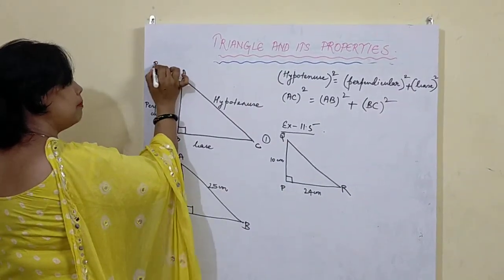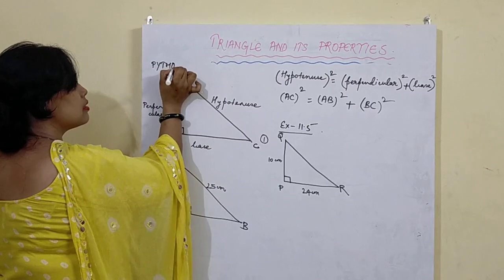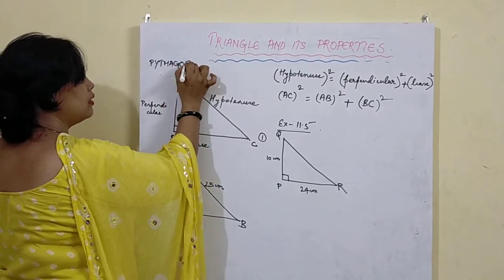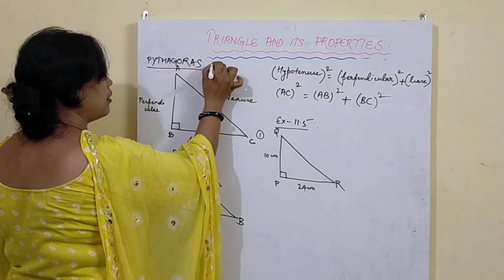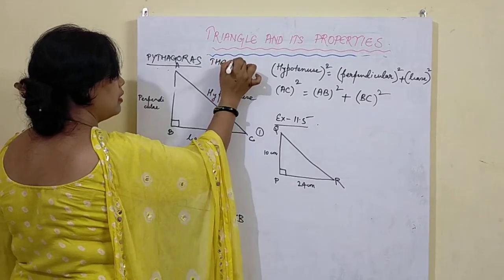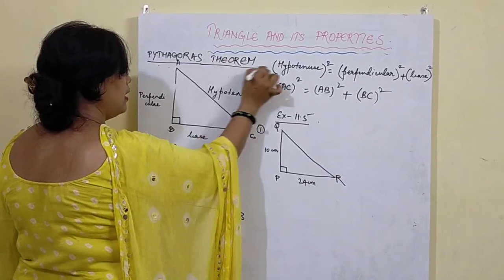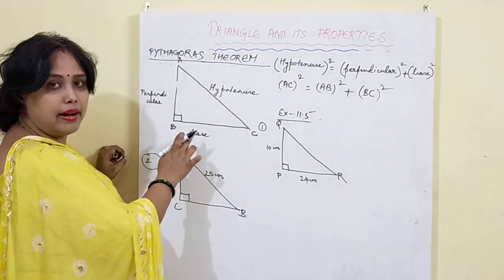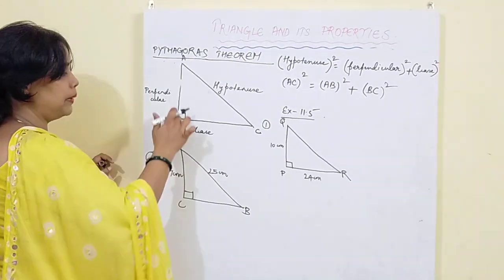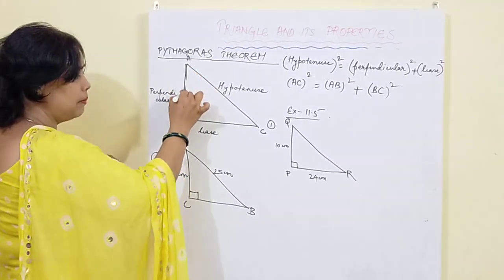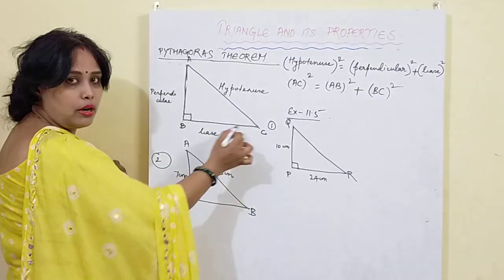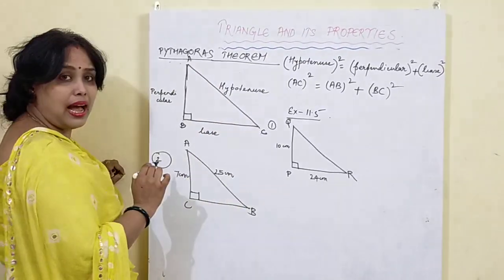This is called Pythagoras theorem, that in a right angle triangle, AB is called perpendicular, BC is called base, and AC is called hypotenuse.